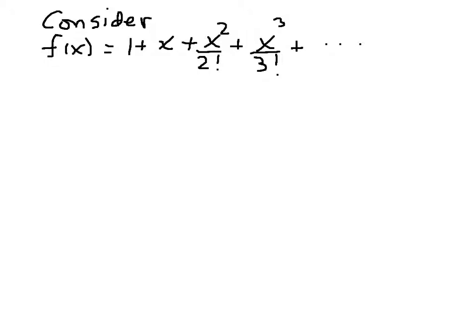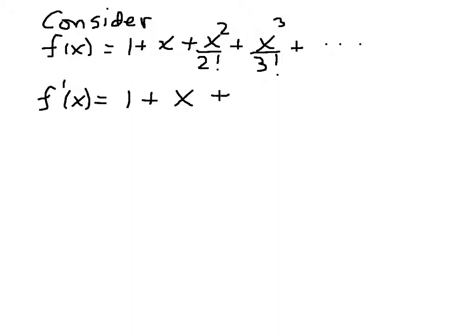Alright, so here's our final mind-blowing example. Let's suppose that we have some infinite series, a power series, defined as follows. Remember, 2 factorial means 1 times 2, 3 factorial means 1 times 2 times 3. And what we're going to do is differentiate it. The derivative of this function is going to equal 1 plus, when you take the derivative of this, do you see that you get x?